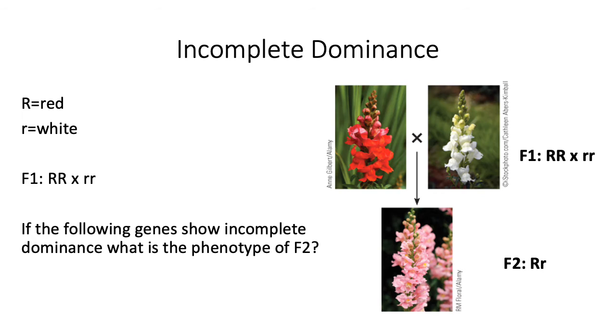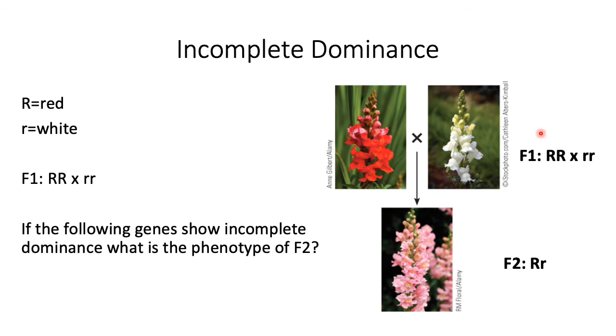Now, not all genes follow this rule, although a lot of them do, which is what Mendel discovered, but not all of them do. And so there's a case in which there can be incomplete dominance, meaning that both genes are kind of like a mixture of each other.